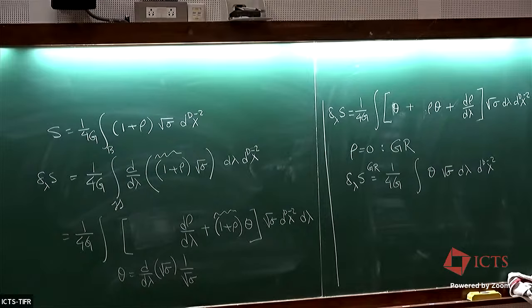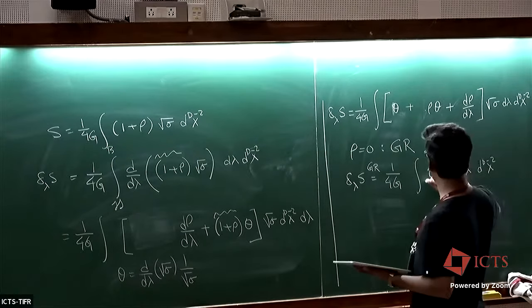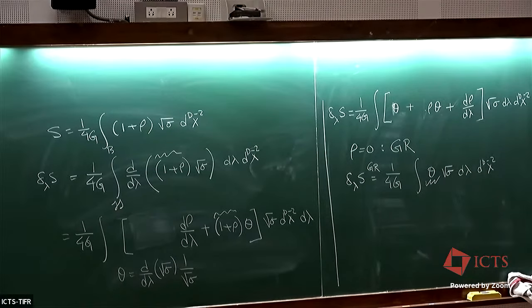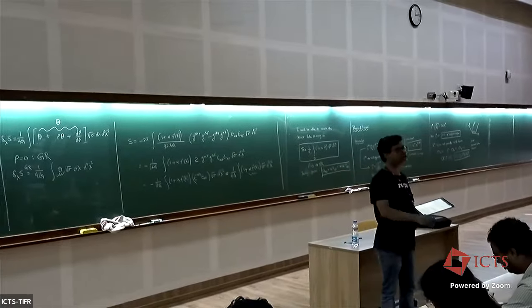So in GR, this object is very geometrical. This is nothing but the change of the area per unit area for a pencil of generators. Whereas this object, for a general theory, call it capital Theta if you want, has nothing to do with expansion, because now there are geometric quantities rho.